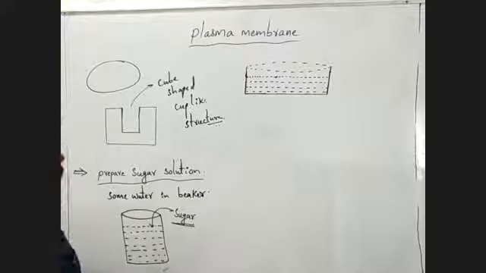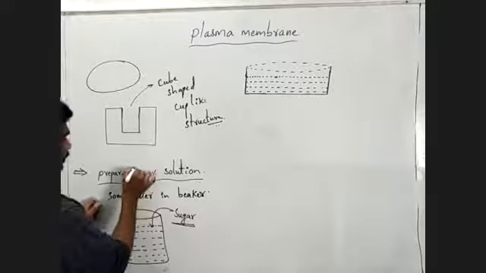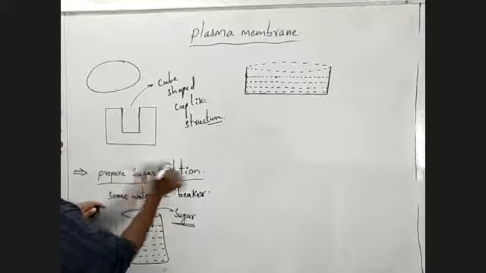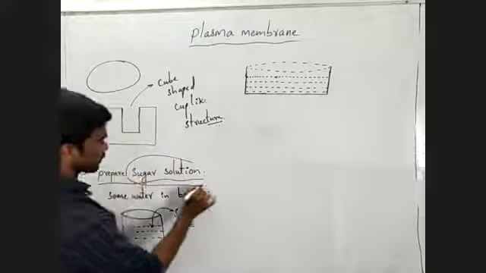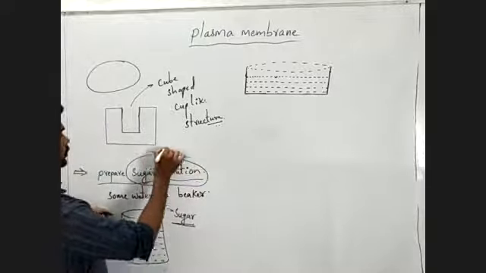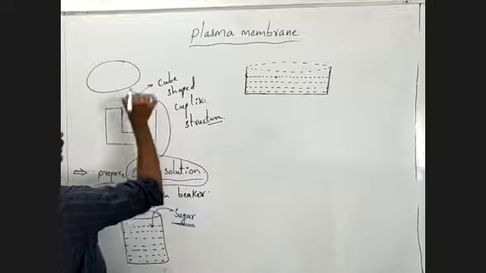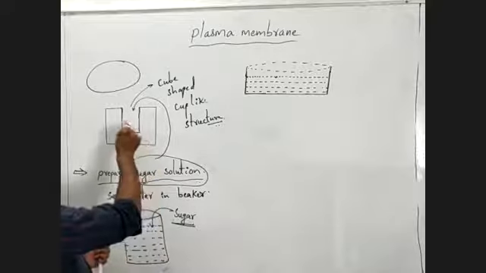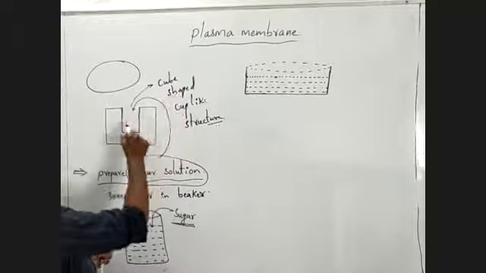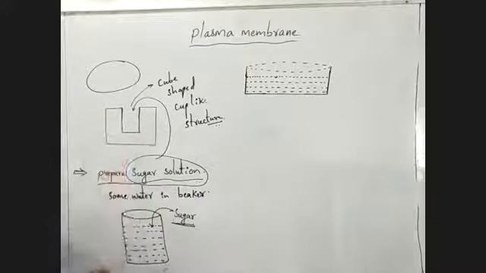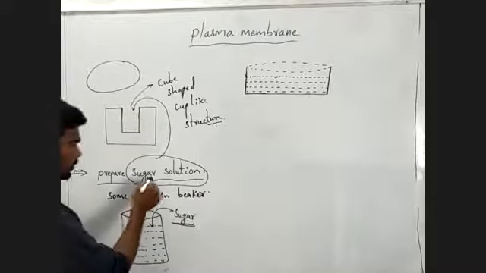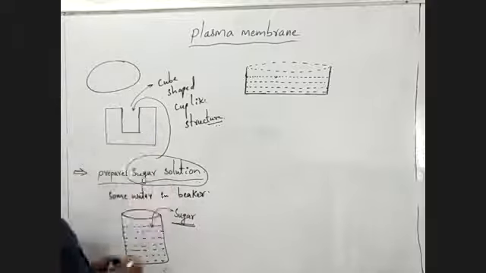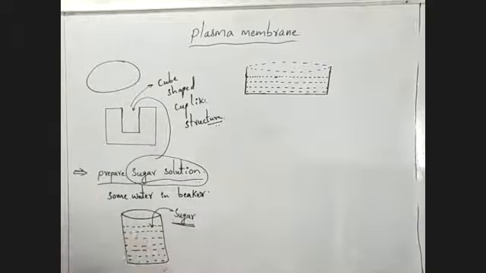Next step is, listen carefully. Now we have to pour the sugar solution in cup of the potato. Already we cut cube shaped cup in potato. Now you have to pour the sugar solution in that cube shaped cup.